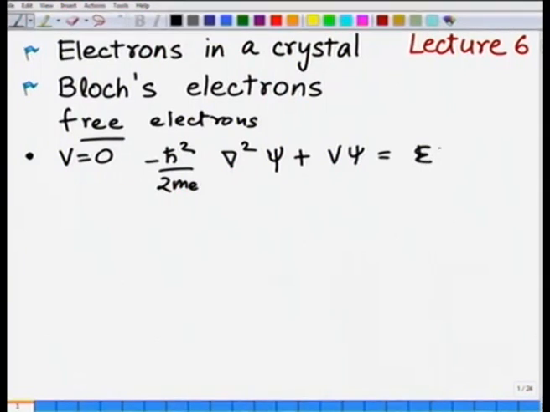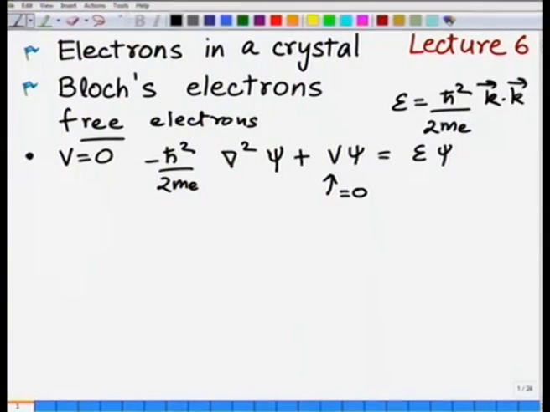In this equation we substituted V equal to 0, we made this go away, and then we said this is a free electron, and what did we get? We got energy E equal to h square by 2m times k dot k, or k square. That is what we had derived for a free electron energy.